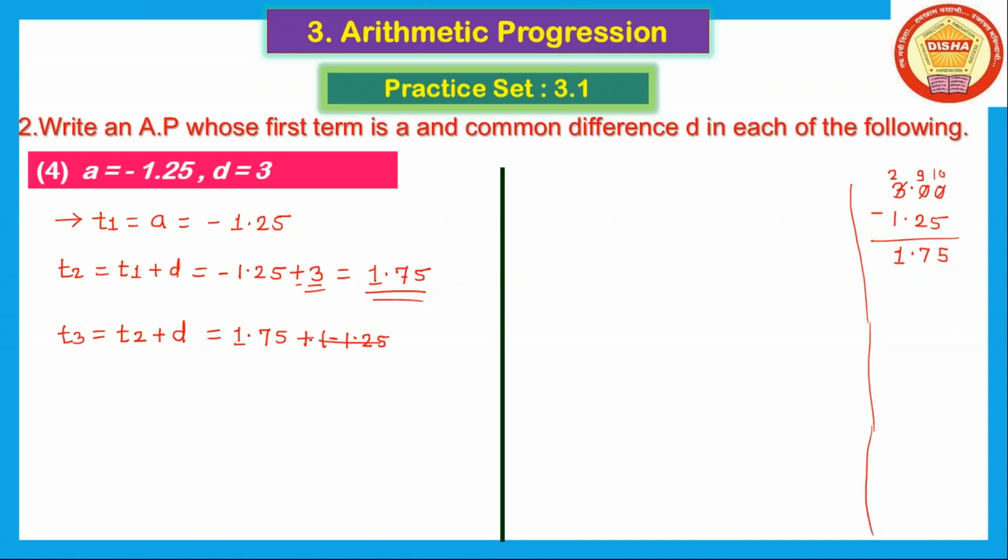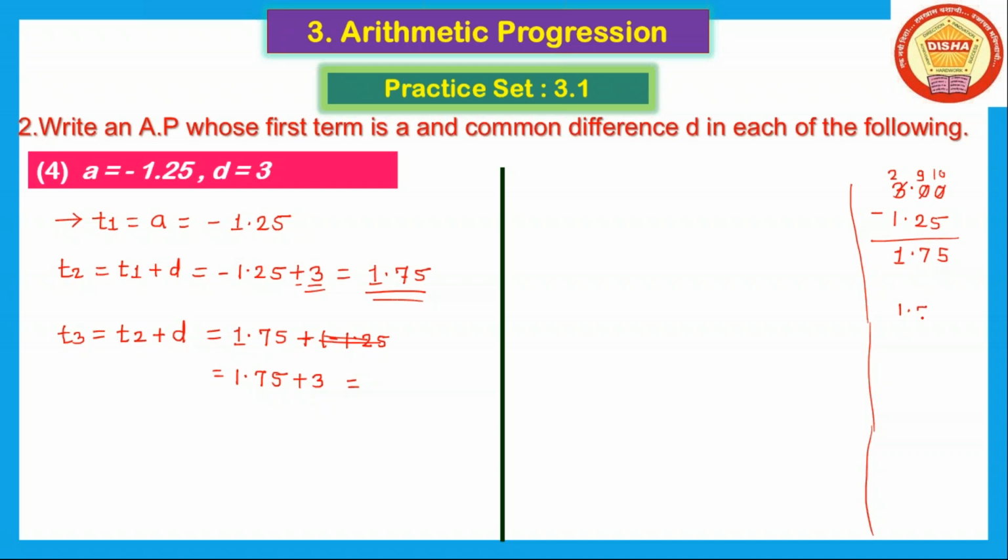Okay. Means we take it here, that is 1.75 plus 3. Then we are doing addition. Both have here the same sign. Okay. Then what is the addition between them? Again we do here addition.